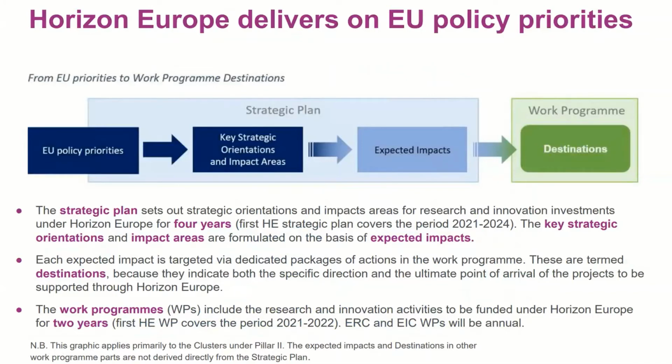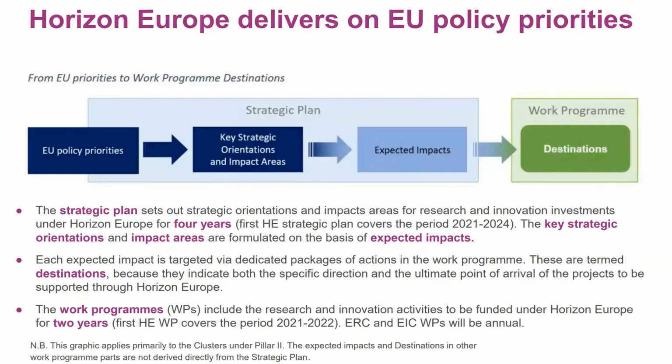The strategic plan sets out a strategic orientation and impact areas for research and innovation investments under Horizon Europe for 4 years. The key strategic orientation and impact areas are formulated on the basis of expected impacts. The difference with Horizon 2020 is that there will be a more strengthened link between the priorities of the EU and the project results that should come out of the proposals that will be funded.